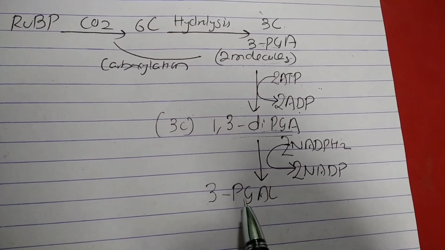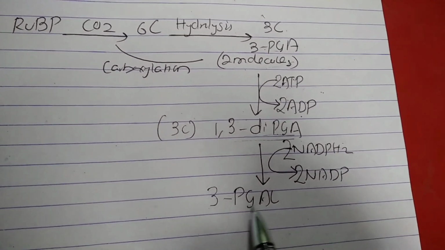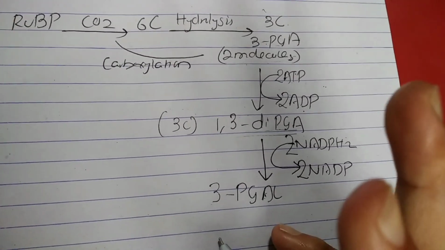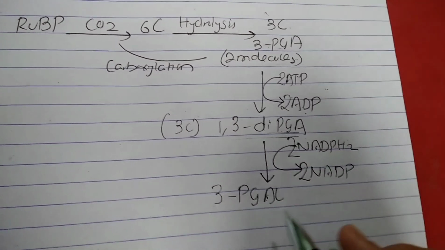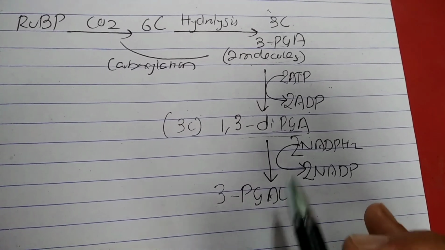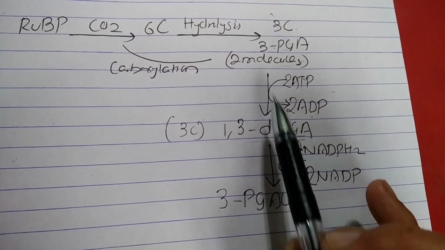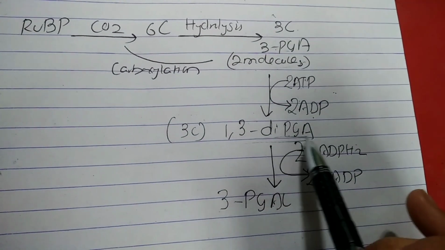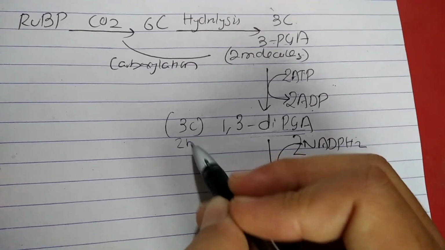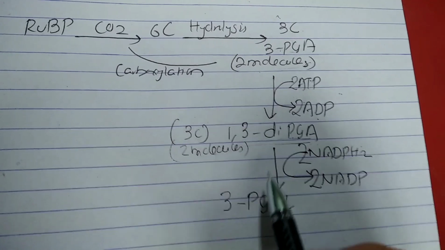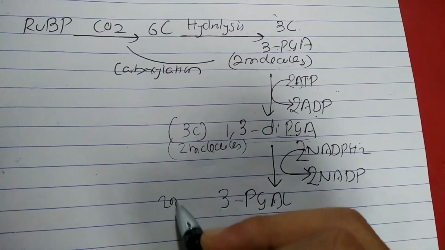The compound 3-PGAL, 3-phosphoglyceraldehyde, is a carbonyl compound, and we have 2 members of the carbonyl compounds, aldehyde and ketone. So it will isomerize into a ketone. If you remember, 2 molecules of PGA undergo phosphorylation to give diphosphoglyceric acid, which is also 2 molecules, and when reduced, it will also be 2 molecules.